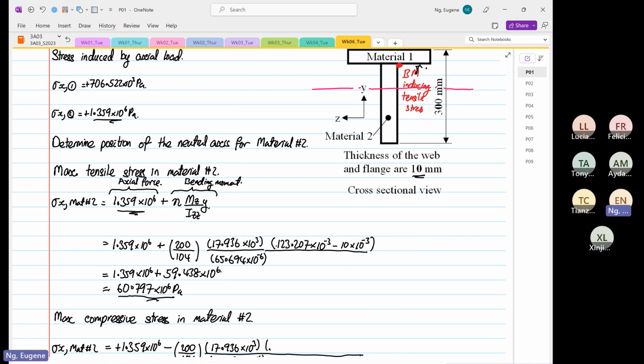So we know the distance from here to here. We know that that is equal to 123.207 times 10 to the power minus 3 meters. Okay, so now we want to find this position, the distance from here to here. So we just need to take 300 minus 123.207.